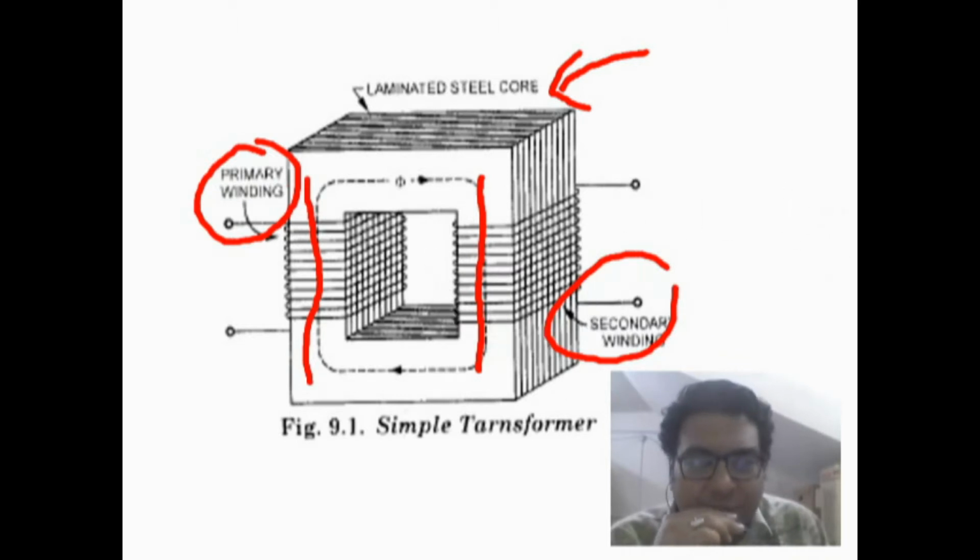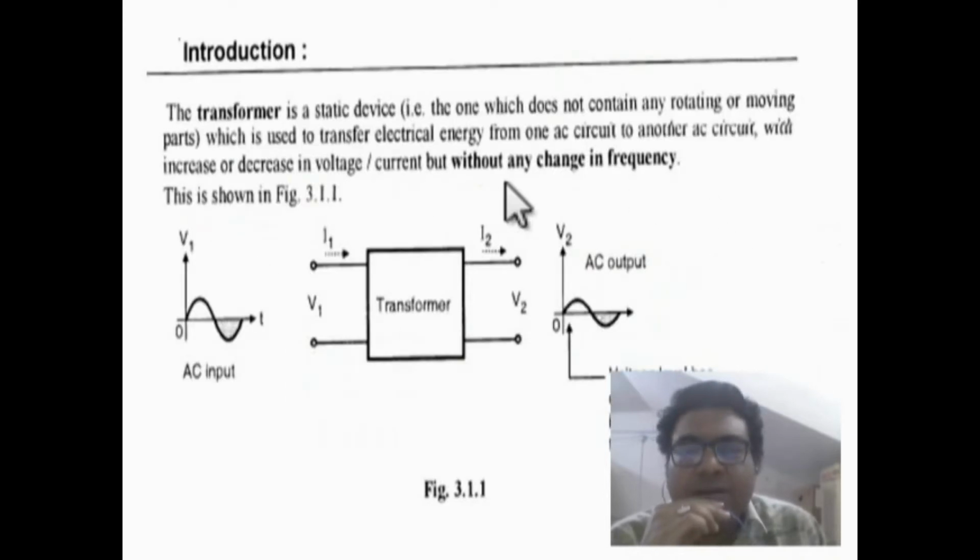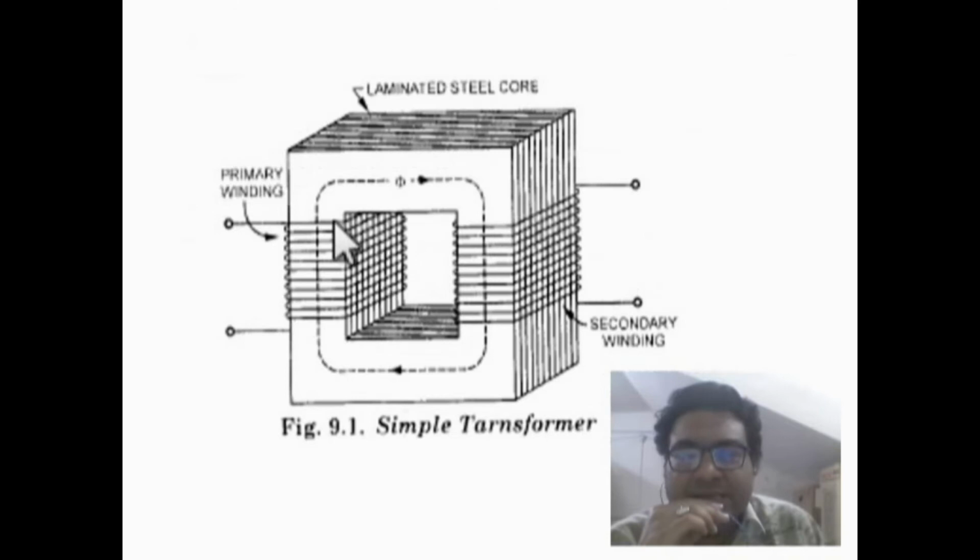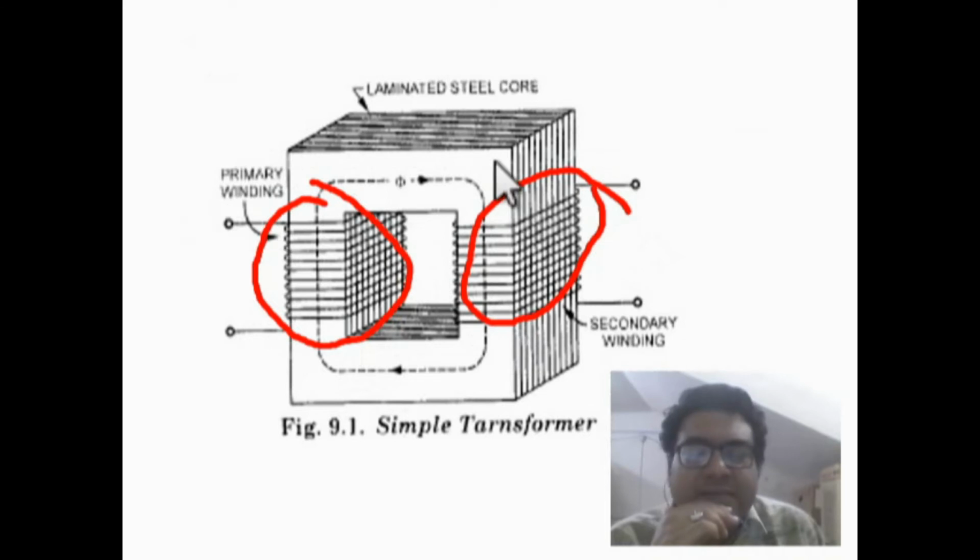So guys, basically what happens in this transformer: it is a static device used to transfer electrical energy from one AC circuit to another AC circuit. See here, this is one AC circuit and this is another AC circuit, and these windings are magnetically coupled.